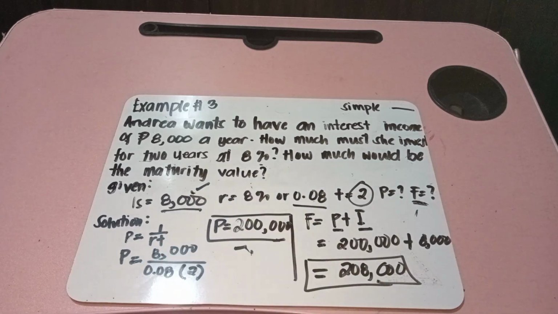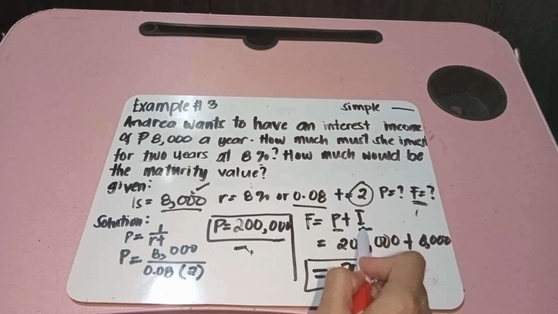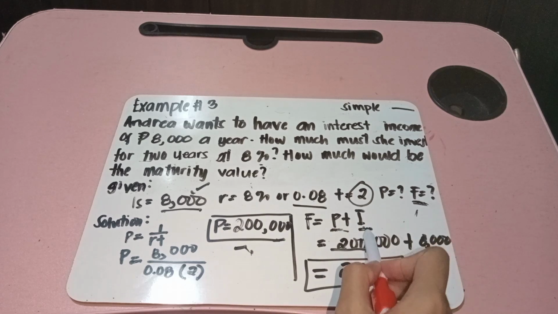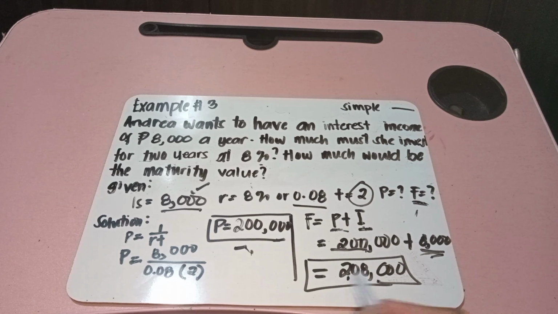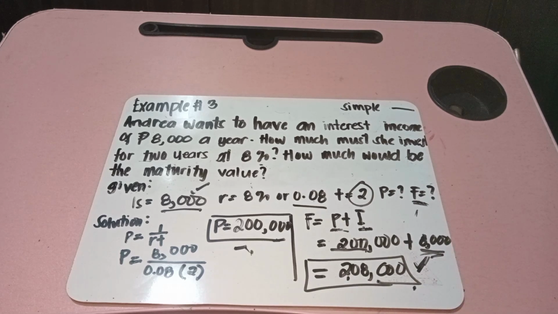So, magkano lahat-lahat ang makukuha niya? We will add P plus I. P for the principal, 200,000. I for 8,000 pesos. Is equals to 208,000 pesos. Ito na yung pinaka-final answer.